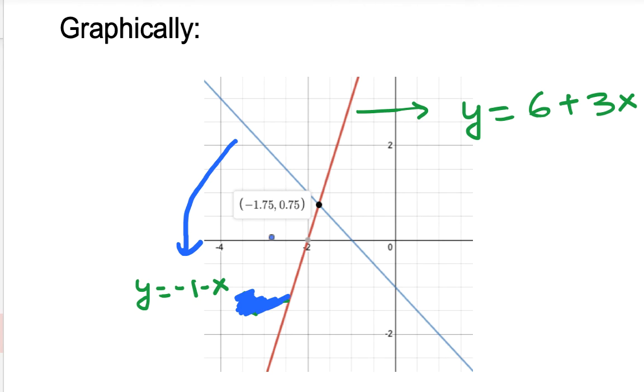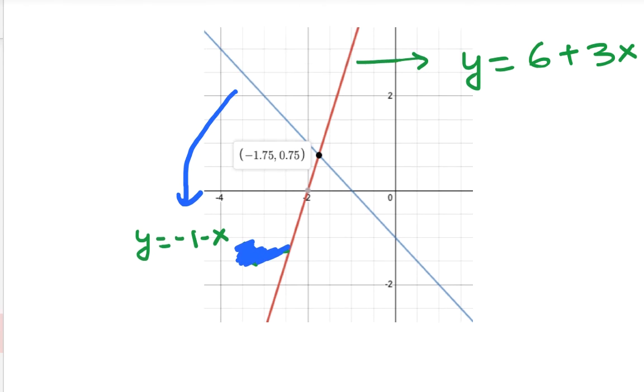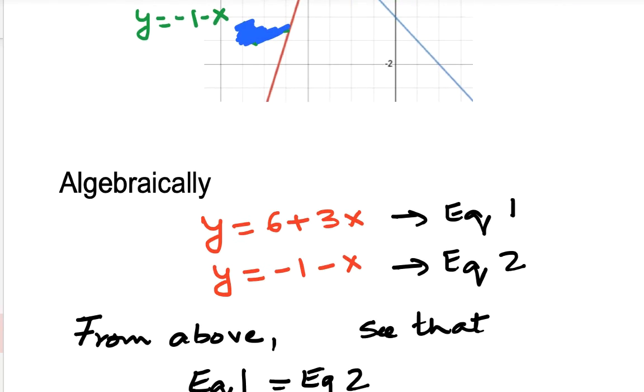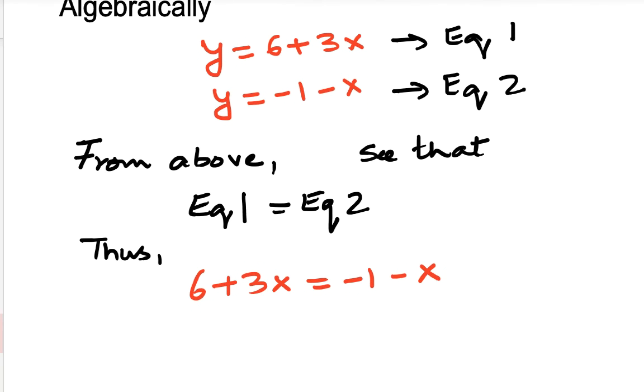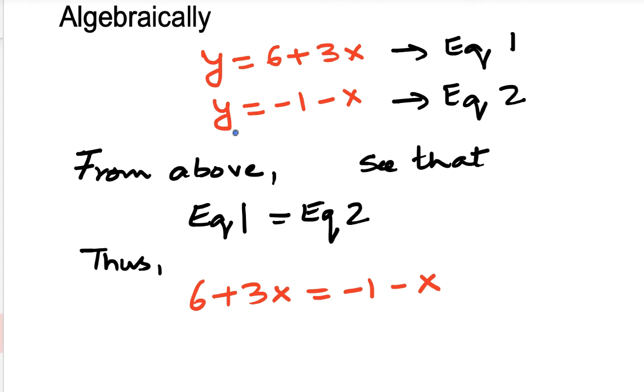Now, how would we solve it algebraically? Let the first equation, y equals 6 plus 3x, be equation 1, and the second, y equals minus 1 minus x, be equation 2.